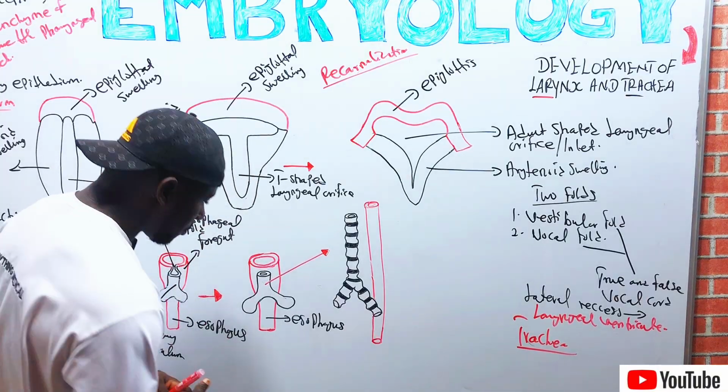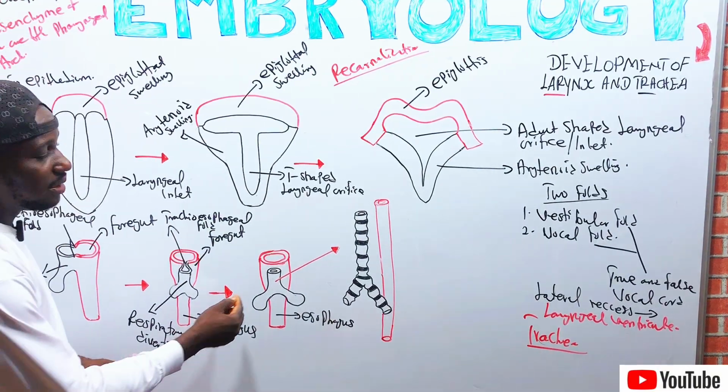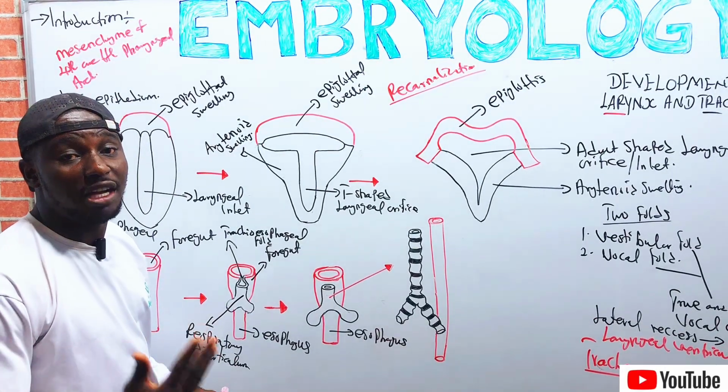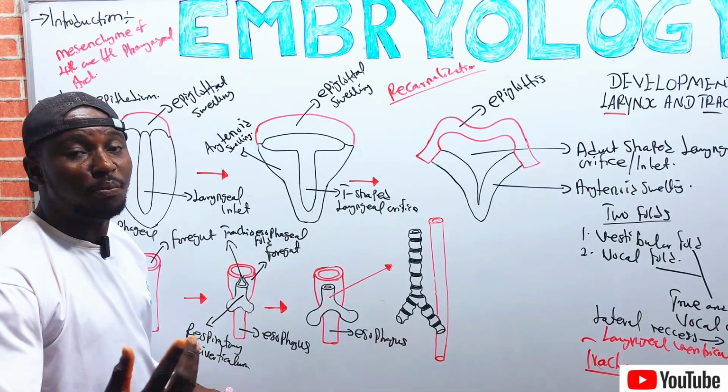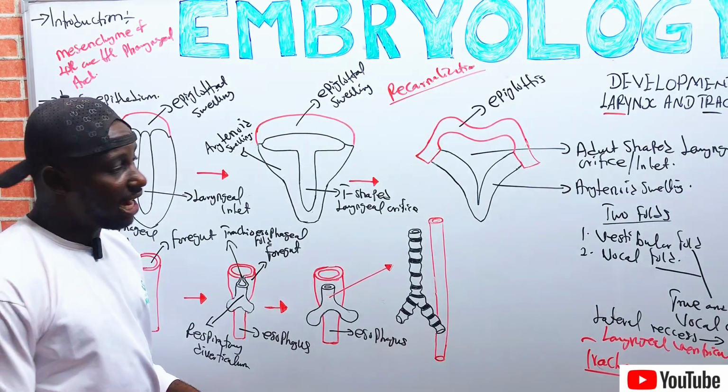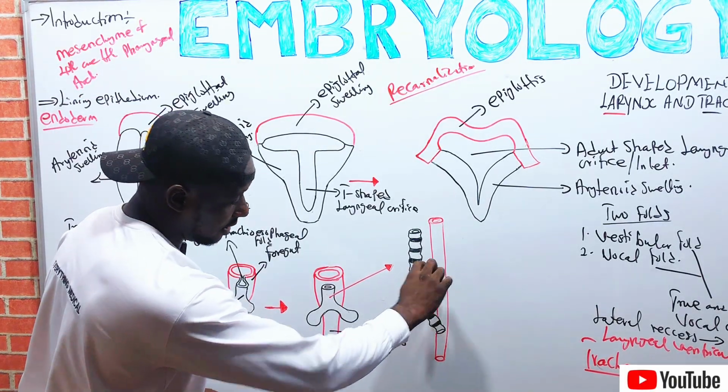Recall that it is by the activity of the tracheoesophageal septum that led to the separation of the laryngotracheal diverticulum from the esophagus, right? That is why they are in this way.